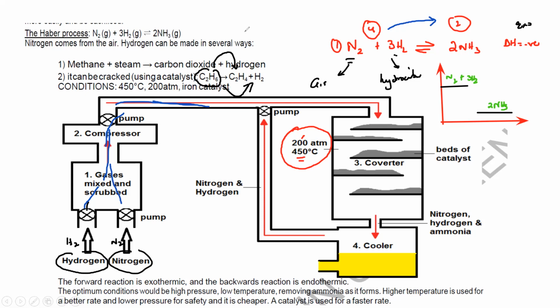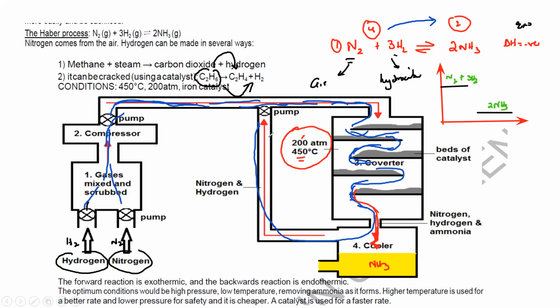So what happened when we mix this nitrogen and hydrogen? The nitrogen and hydrogen combine, they mix here and pass over the catalyst. Because the reaction is reversible, some of the ammonia formed might decompose and return back. But the ammonia, when it enters the cooler, we cool down, we remove the energy, so we get this NH3 here.